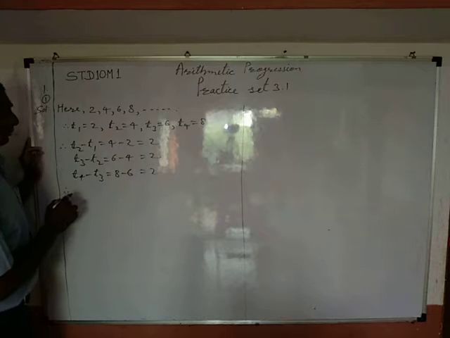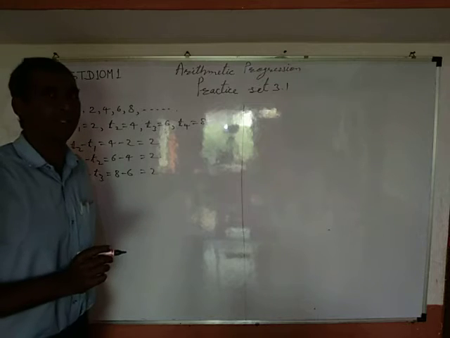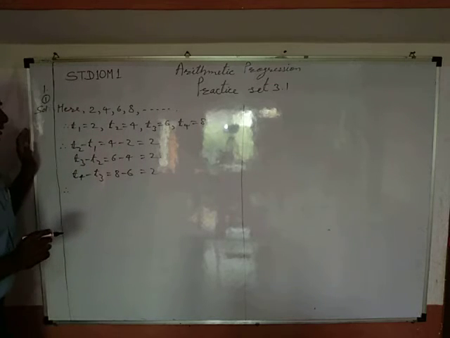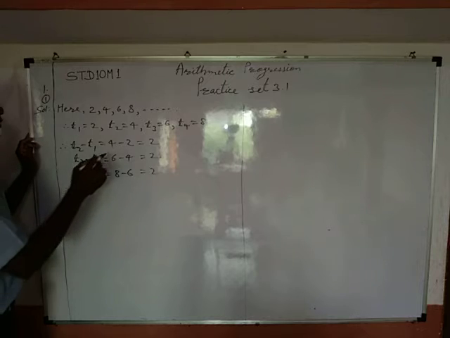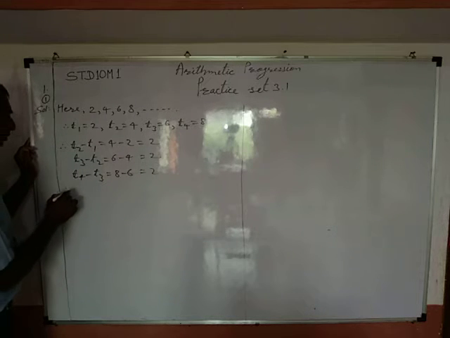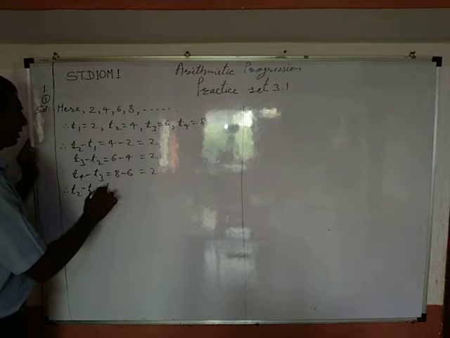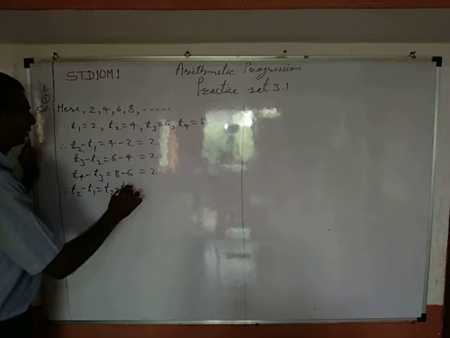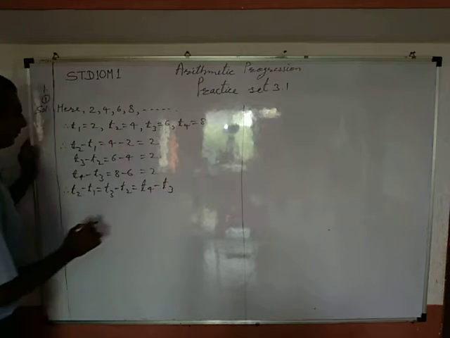And therefore, we have the difference between two consecutive terms is constant. Therefore, it is an AP with common difference D equal to 2. Let's mention here. Therefore, T2 minus T1 equals T3 minus T2 equals T4 minus T3.